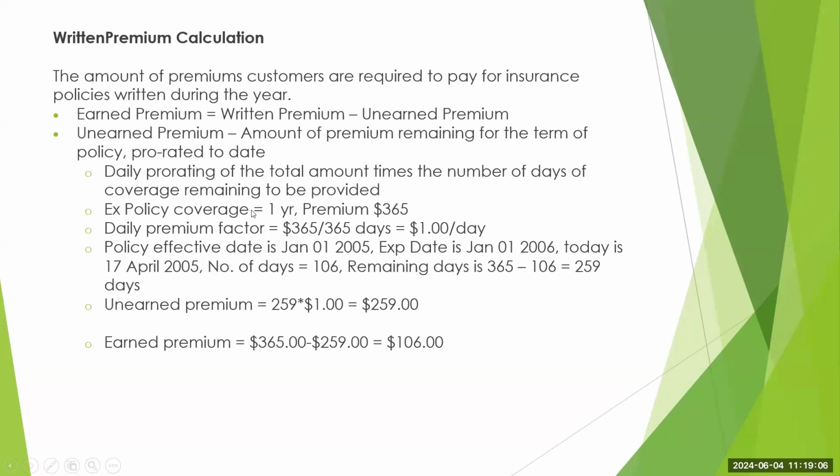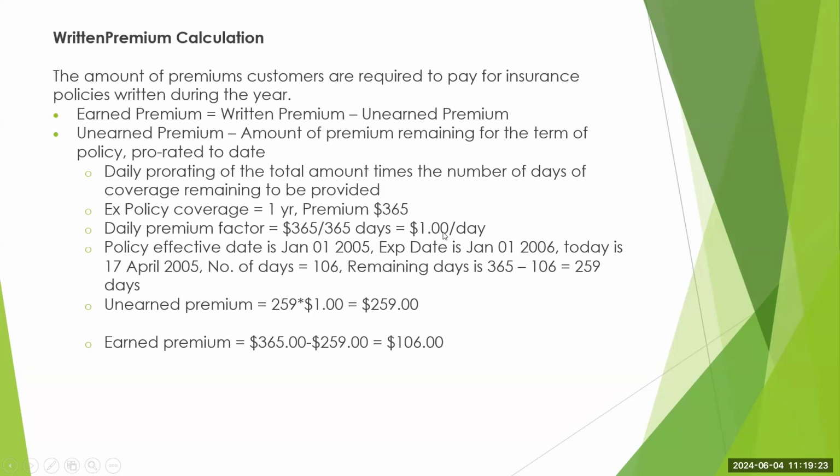For example, policy coverage is 1 year, and the premium for that 1 year is $365. The daily premium factor is that $365 premium value divided by 365 days.